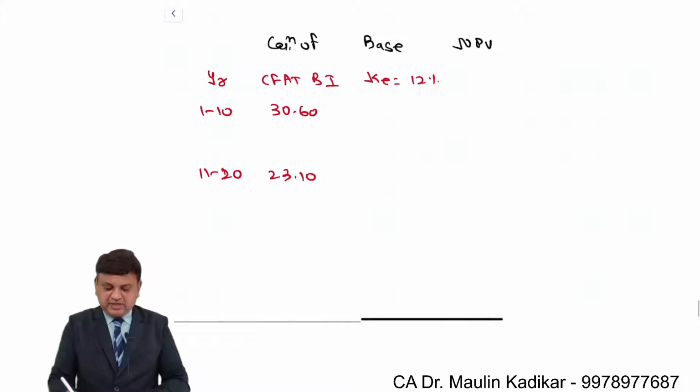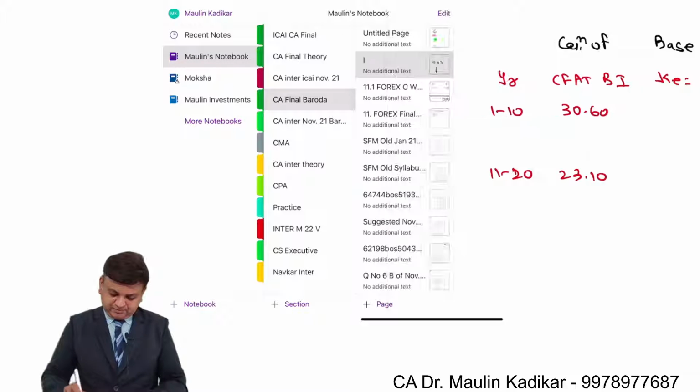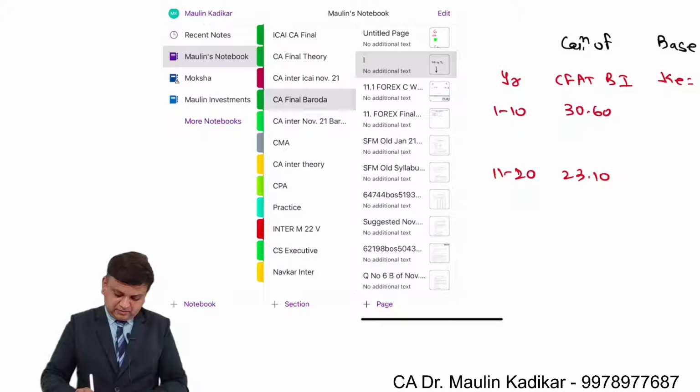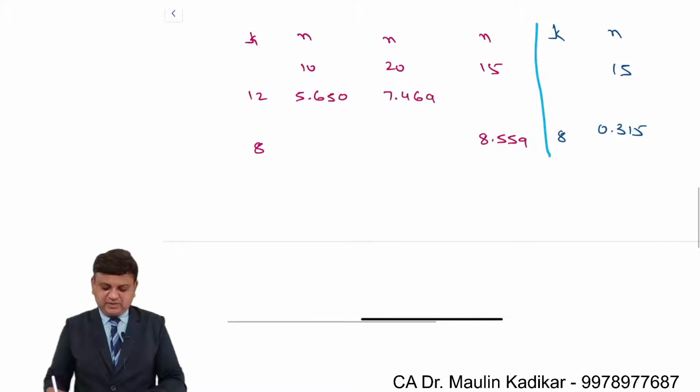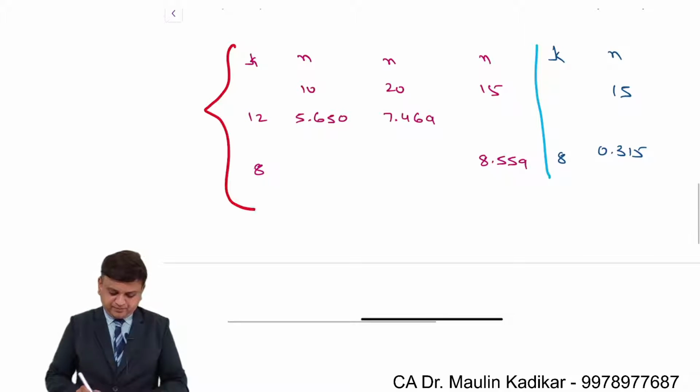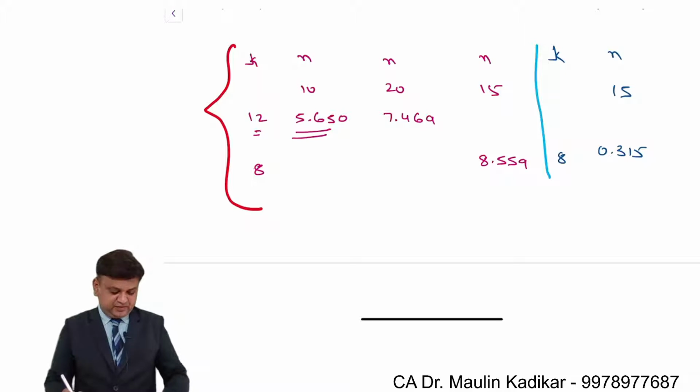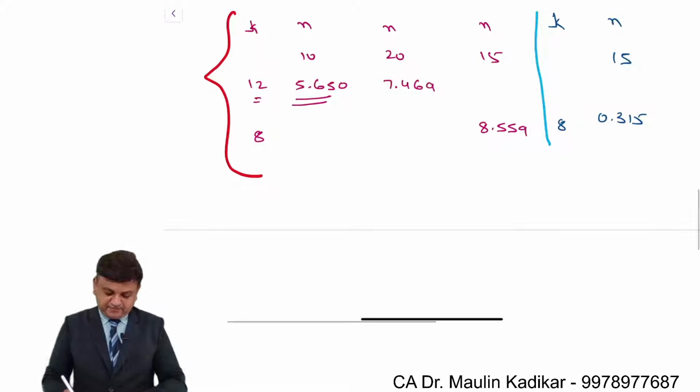We will have discounting at the rate of 12%. So over here, the discounting factors information have been given. So for 12%, you can see that for the first 10 years it is 5.65, and for the remaining 10 years it is 7.469 minus 5.65. So it is 1.819.